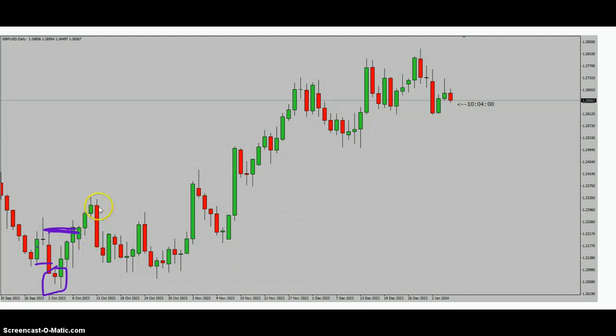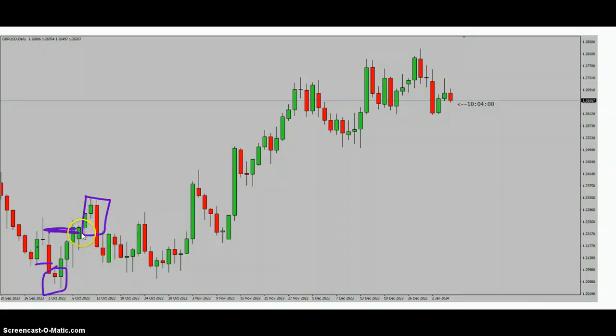Now, over here, we have this bearish candle closing below the low of the bullish candle. Personally, I would consider this as not big enough for me to consider its low to have been taken.